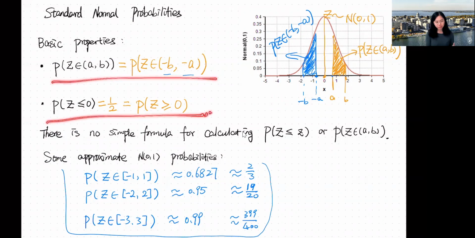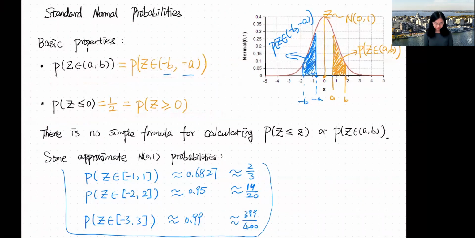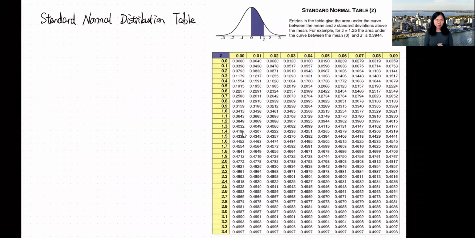But what if you want to get the exact probability in some interval? You can use one of the standard normal distribution tables. This is one of the tables, and it is the same as the one in the textbook.